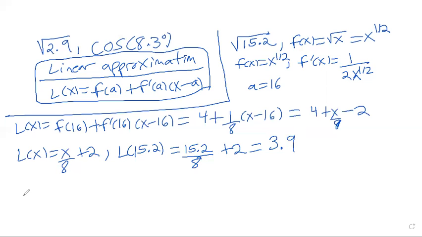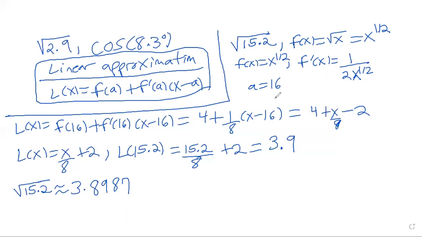Well, the square root of 15.2, when I plug it into a calculator, gives me 3.8987. And as you can see, it's very close to 3.9. So it's a good approximation.